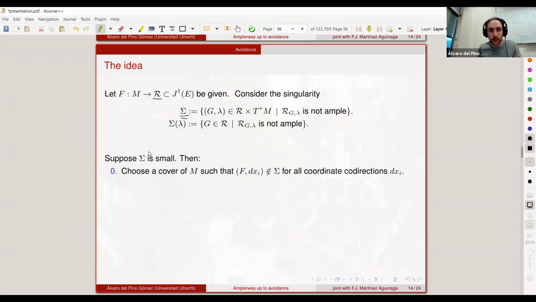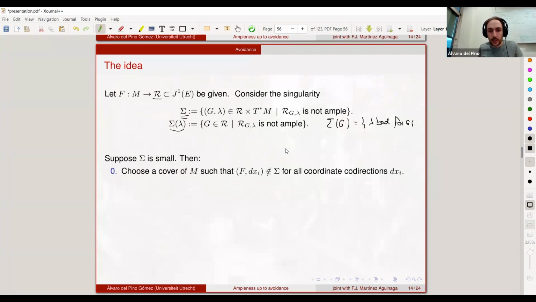I'm not going to be very precise, but let me say one thing: we have here this sigma lambda, which are the G's that are bad for lambda. And symmetrically, I could define something like sigma G, which are the lambdas that are bad for G. And this smallness means that these things should have positive codimension or have measure 0 or something like this. I will be precise later, but not now.